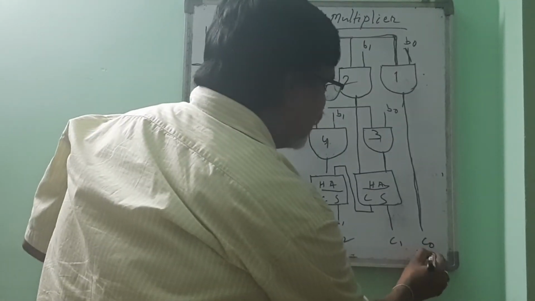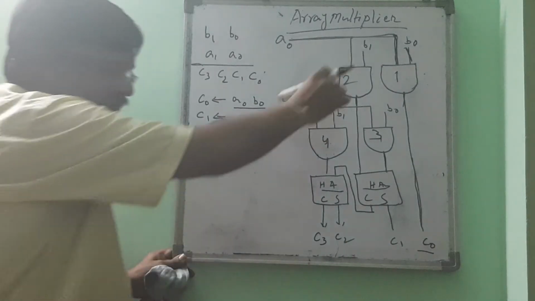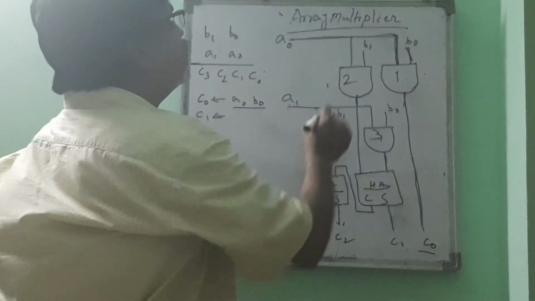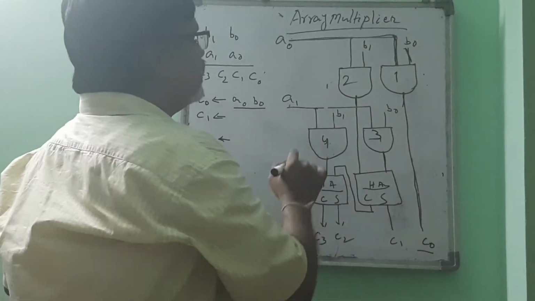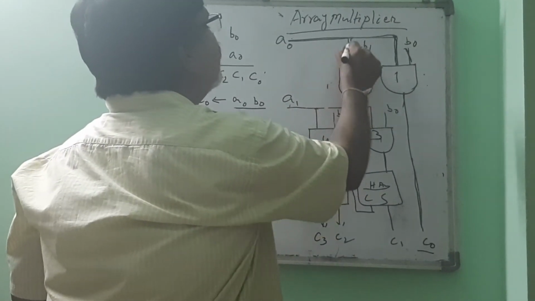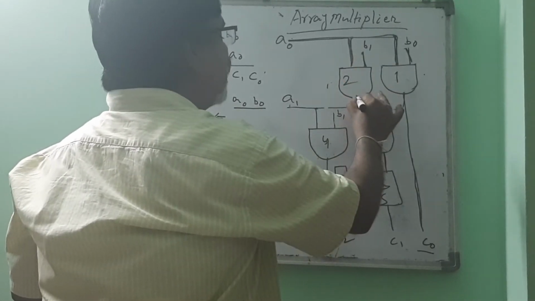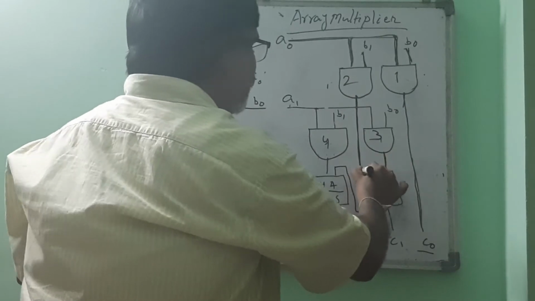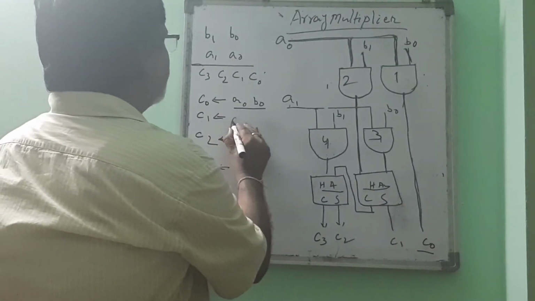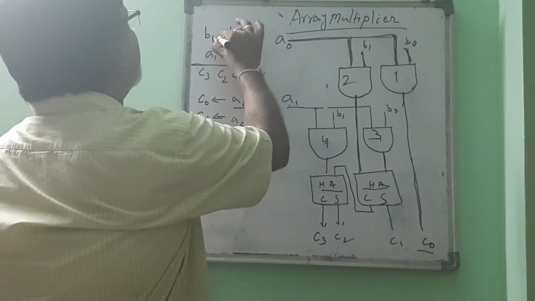So C0 is A0, B0, as it is written. Now you come to the second AND gate. Its inputs are A0 and B1. This A0 and B1 is given as one input to the half adder. So C1 is A0, B1.